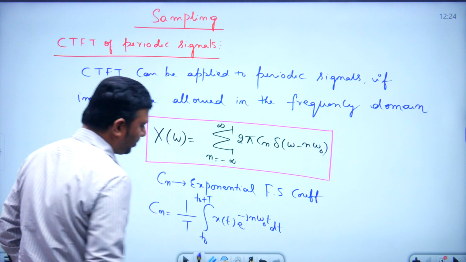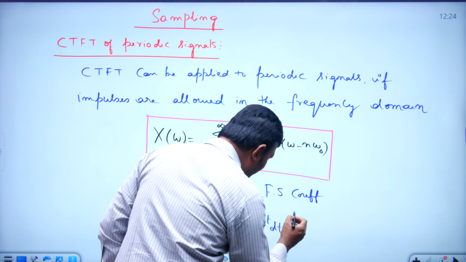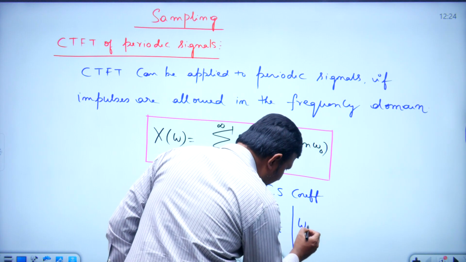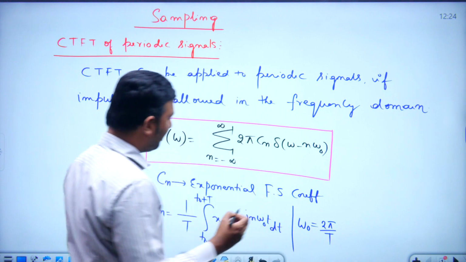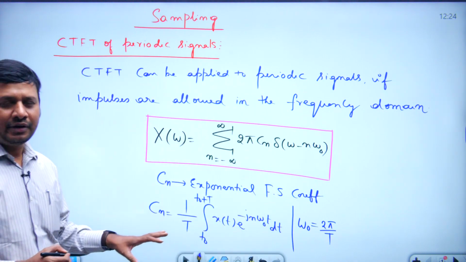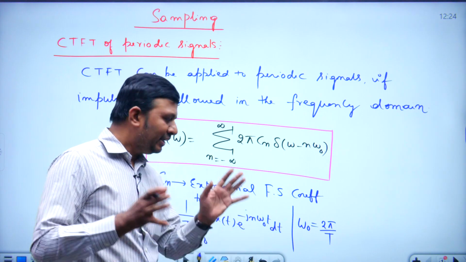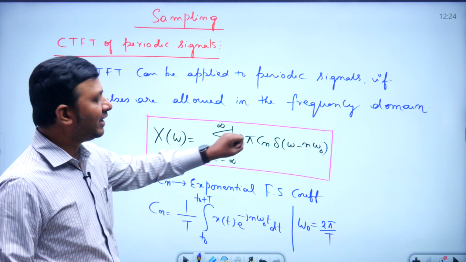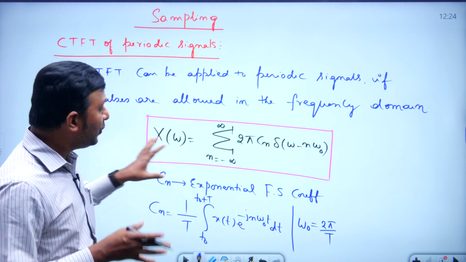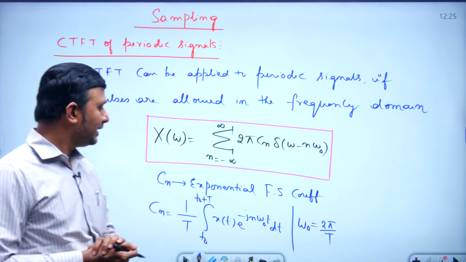You can use this expression to find the value of Cn, and omega naught is the fundamental frequency given by 2 pi by T. So, dear students, if you are given a periodic signal, simply find the value of Cn using this expression. After that, you can substitute here, so that you will get the Fourier transform of periodic signals, right?